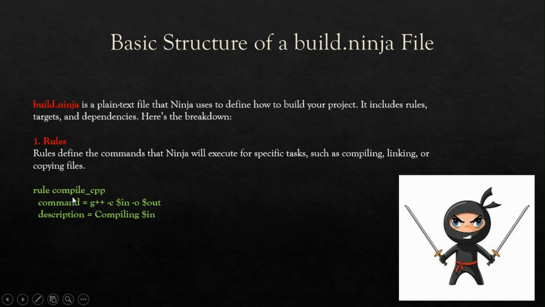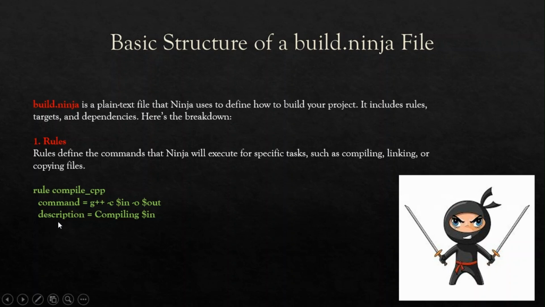Here my rule name is compile_cpp, and we define a command using the keyword command. Whatever follows the equals sign is the command which Ninja has to execute. We are commanding, hey Ninja, execute this one. For example, here we are compiling the input file and generating the output file. That's a simple example I'm giving you.